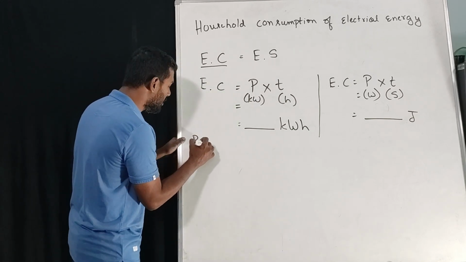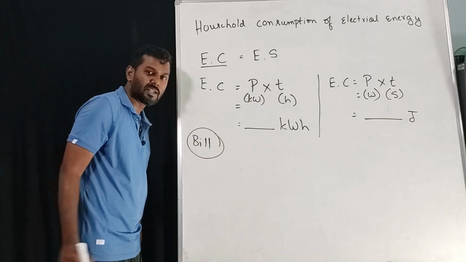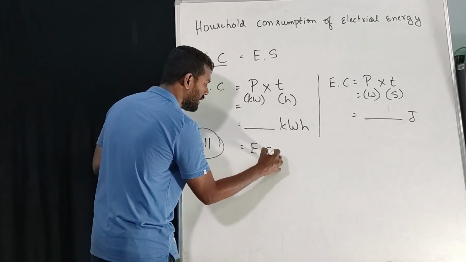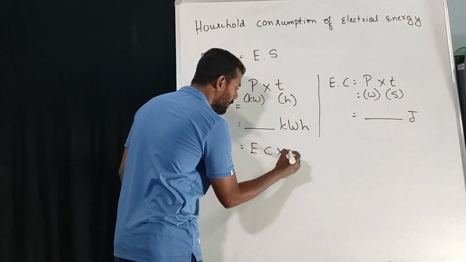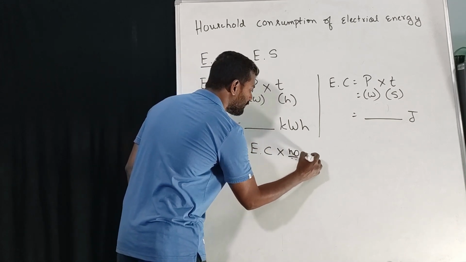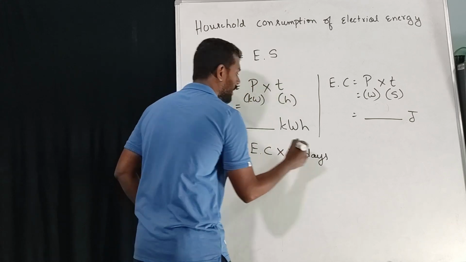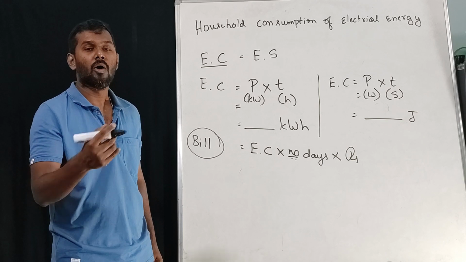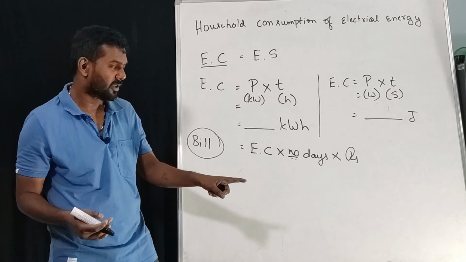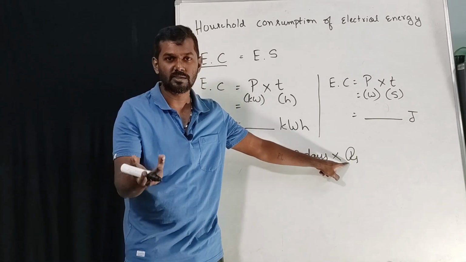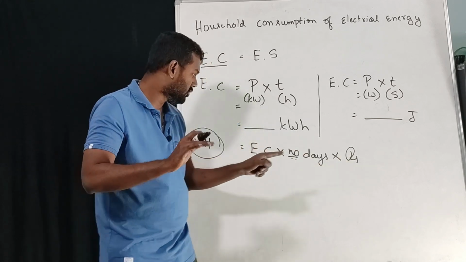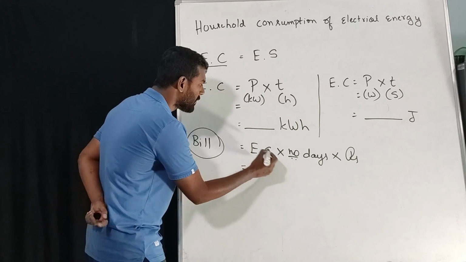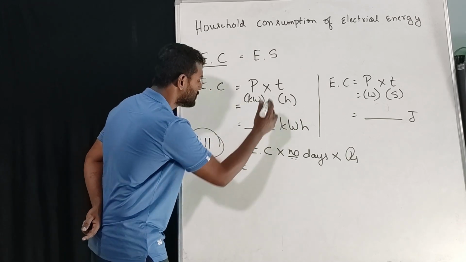Now we'll talk about the bill. How the electricity bill will be generated: based on electrical energy consumption into number of days into the value of 1 unit, the kilowatt hour value. That will be given in terms of rupees, 4 rupees, 4.15 rupees, all those things. So how can we find the value of electrical energy consumption?